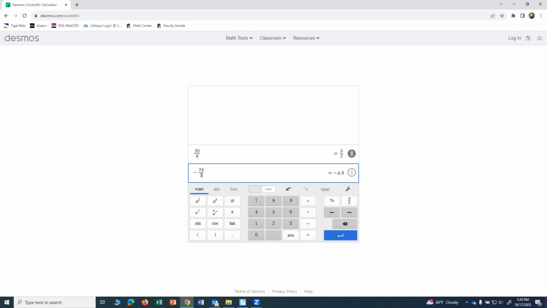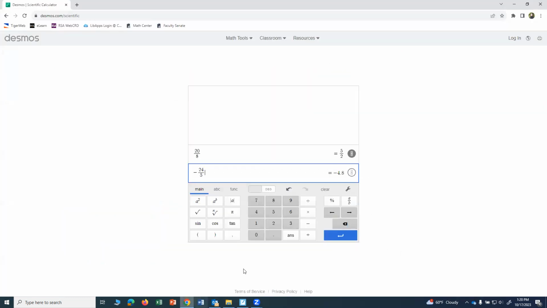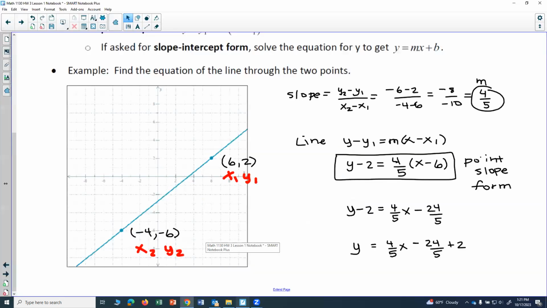And then I want to add 2 to that. So I'll go ahead and do plus 2. And if you want your answer in fraction form, you can convert to fraction using that button there. So negative 14/5 is going to be my answer. So I had negative 24/5 plus 2, and that's negative 14/5.